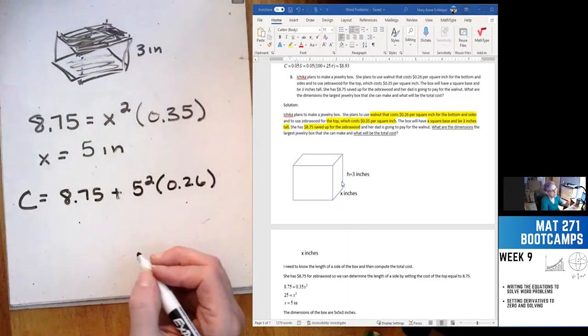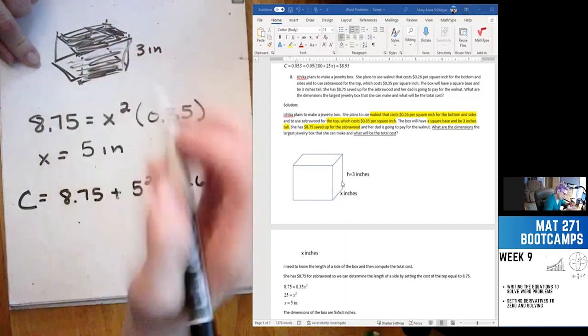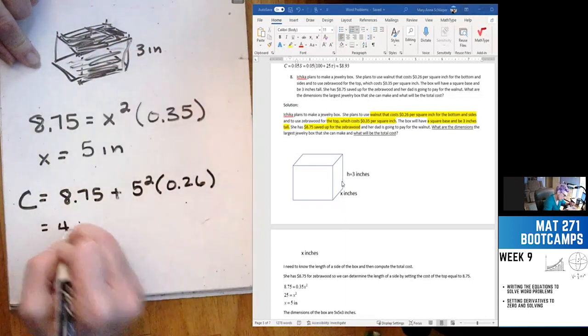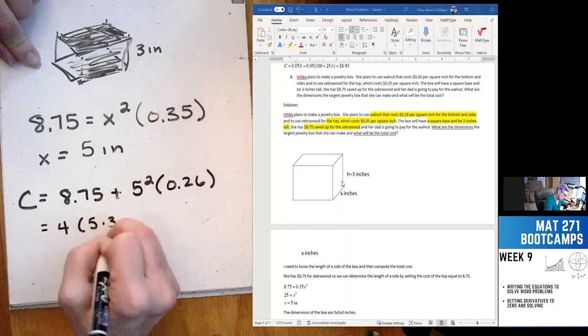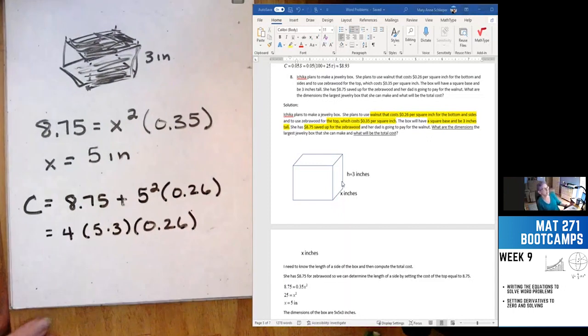Well, the height was 3 inches, so each of the sides has area 5 times 3. We have 4 of those times 26 cents. Again, in your problems, you will be given a volume and you'll have to find the box that is the cheapest. Or you'll be given a surface area and you'll have to find the biggest area.